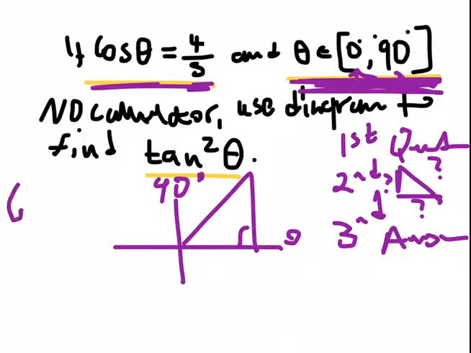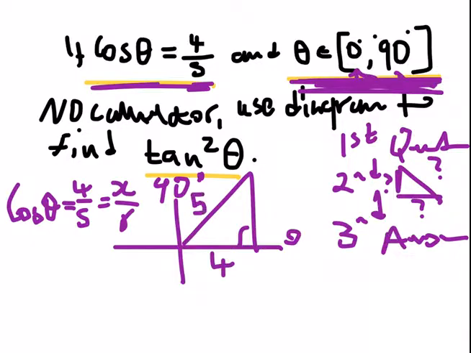So remember, cos of an angle being 4 over 5 should be the ratio of x over r, which means our x value is 4, and our r value is 5.